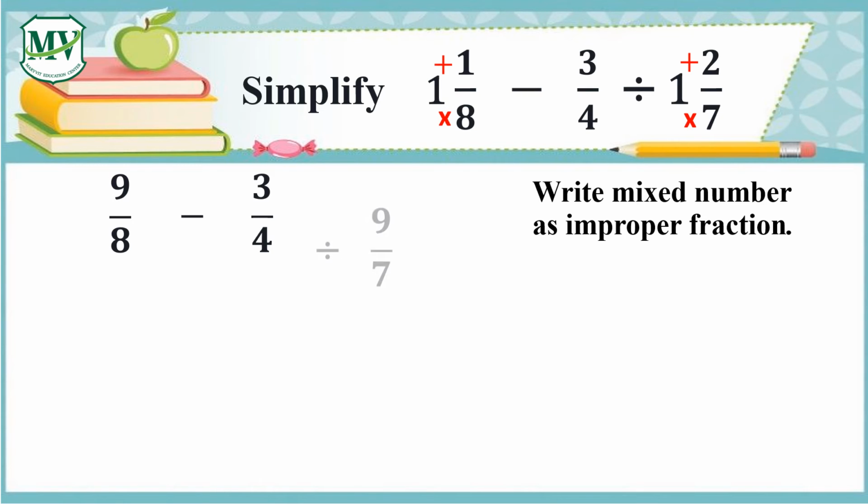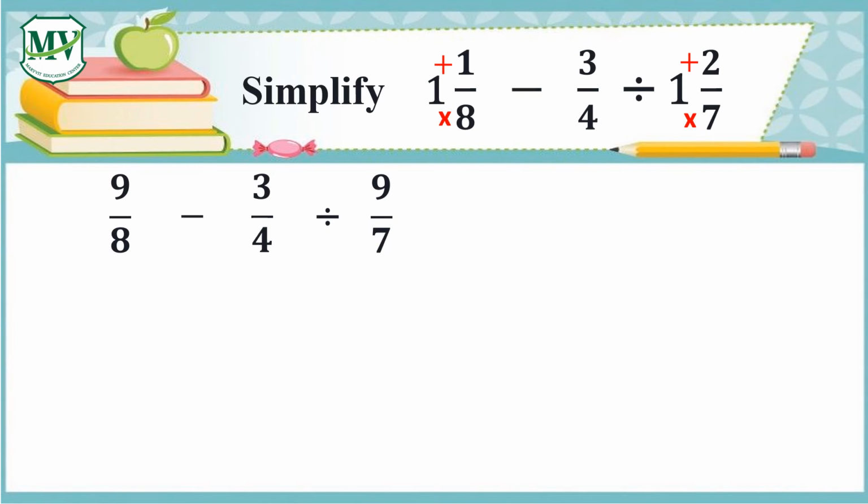We have 9 over 7. In this case, we have subtraction and division. We must perform the division first. 3 over 4 divided by 9 over 7.